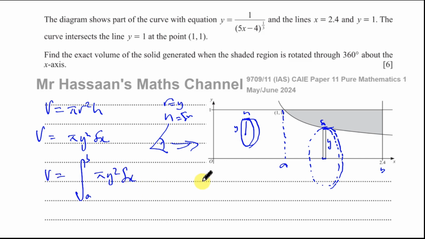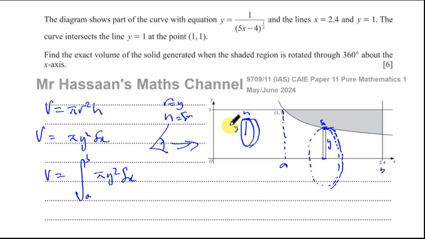So this is the formula for the volume of revolution of a function, y equals something, when you rotate it around the x-axis. Pi y squared dx.